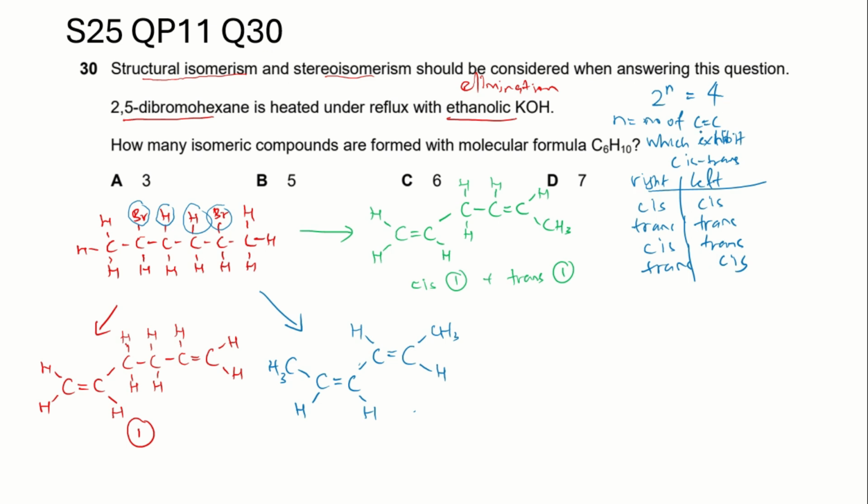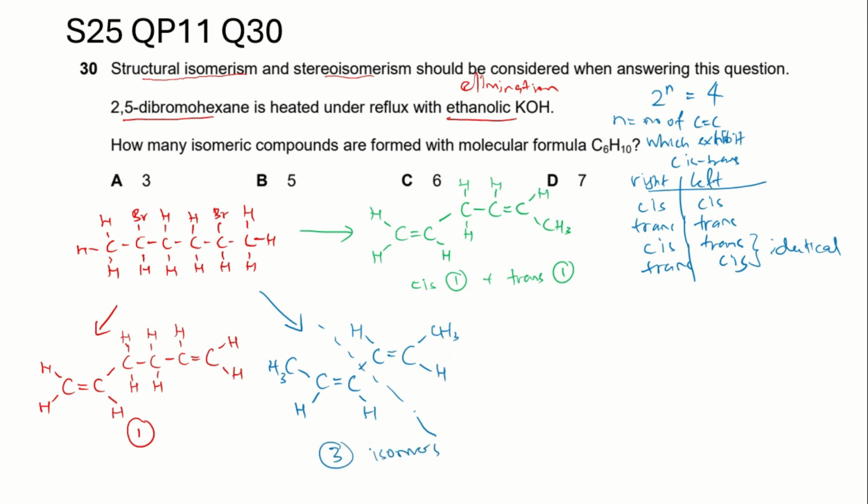So the 4 comes from the different combinations on both carbon-carbon double bonds, the arrangement of atoms in space. But this third product is also symmetrical. That means the cis trans and trans cis isomers will be identical. Since they are identical, we conclude that this product has only 3 cis trans isomers.